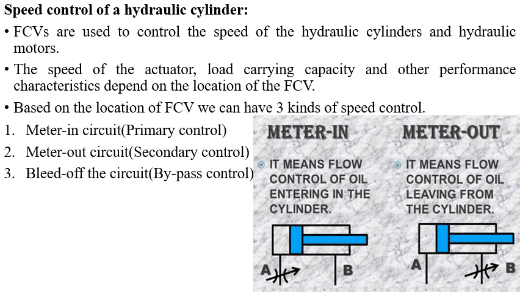In the second diagram, meter out, the flow control valve is installed in the outlet line, B. It means flow control of oil leaving the cylinder. We will discuss in detail in the later slides.